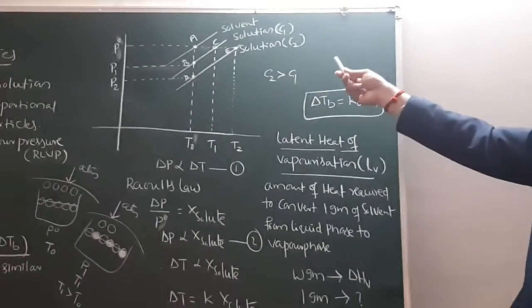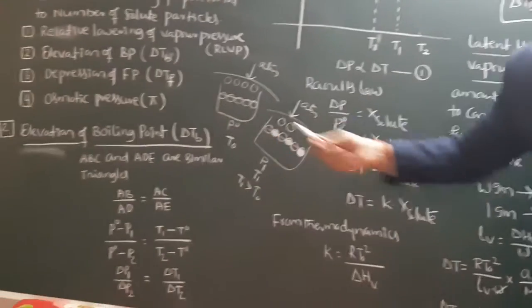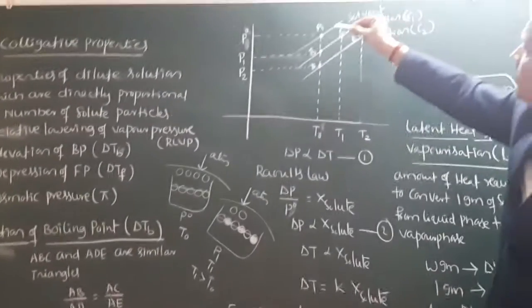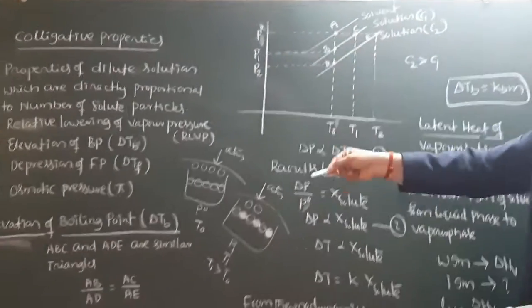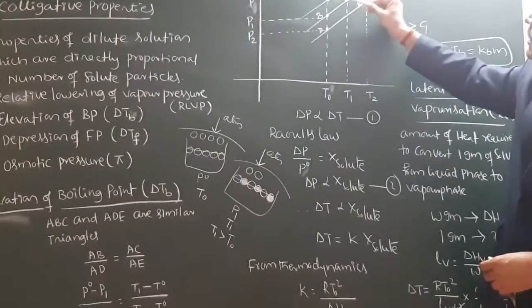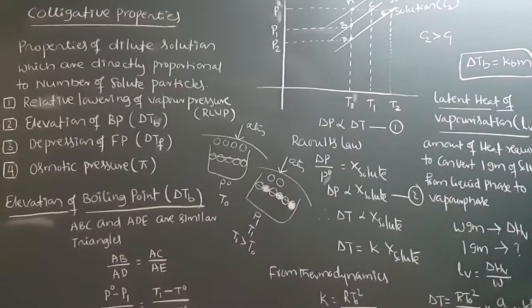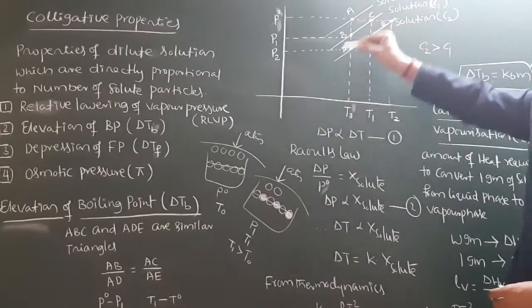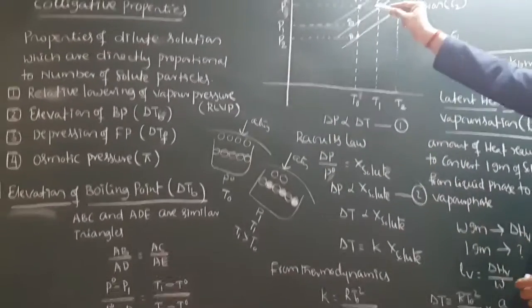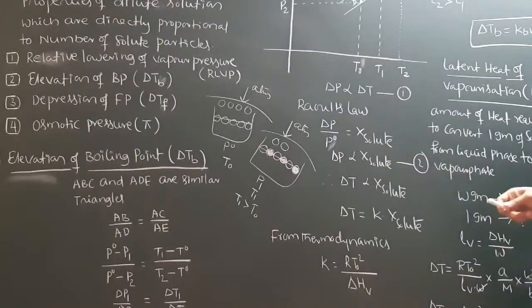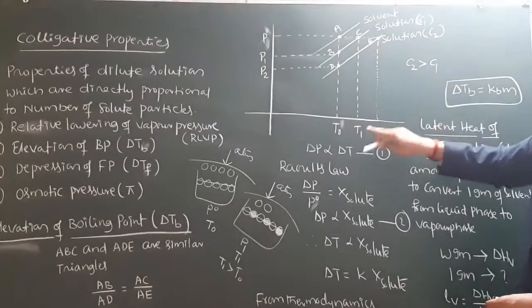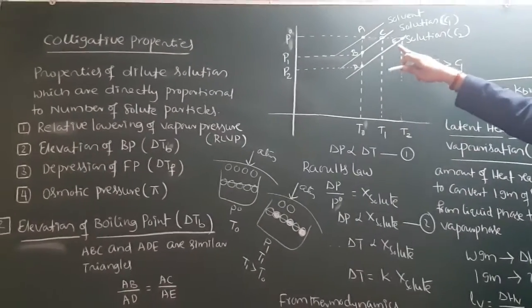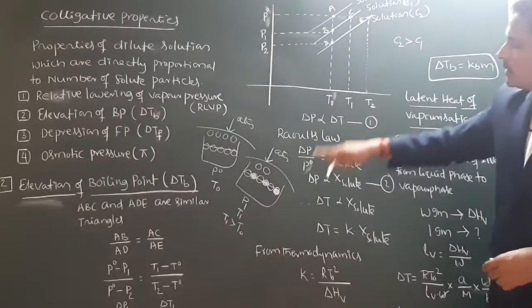From this graph, both ABC and ADE are similar triangles. Hence, AB by AD is equal to AC by AE. AB is P naught minus P1, AD is P naught minus P2, AC is T1 minus T naught, and AE is T2 minus T naught.